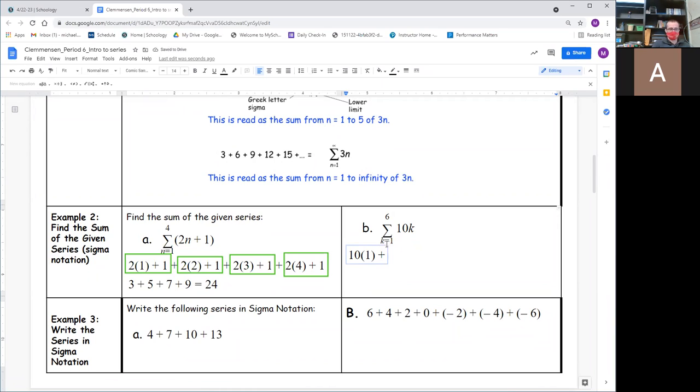What do you tell me? Ten times 2, perfect. Times 2. And I keep going in that same pattern, 10 times 3 plus 10 times 4. And where do I stop? Perfect. Stop at my upper limit of 6.